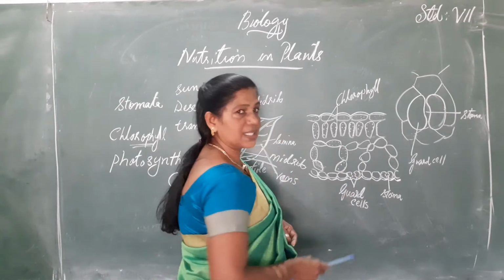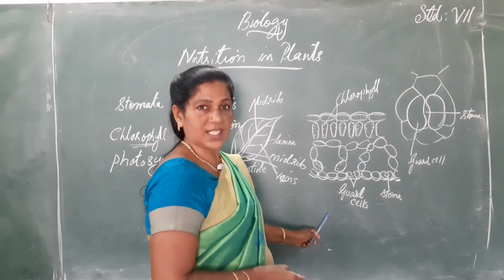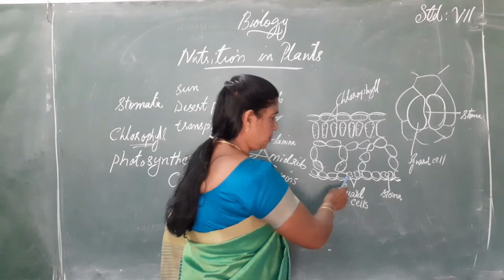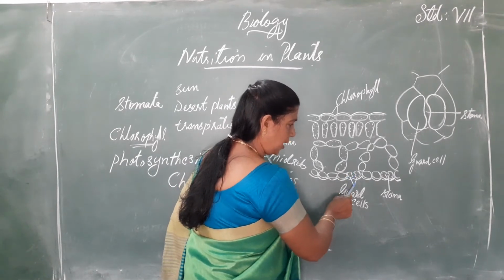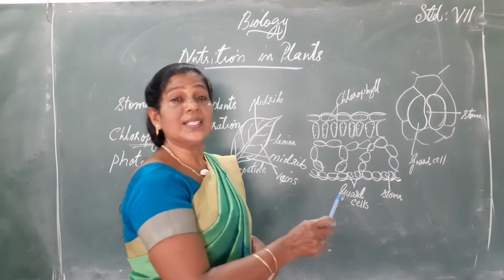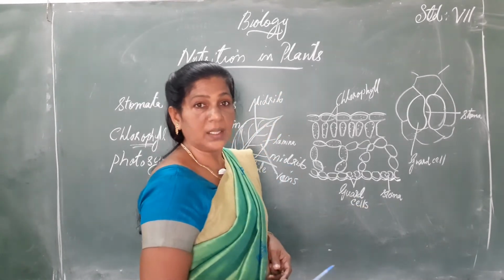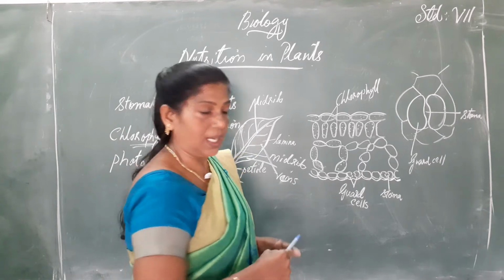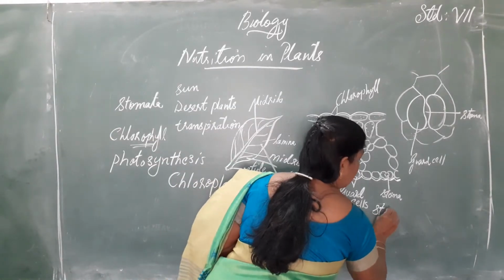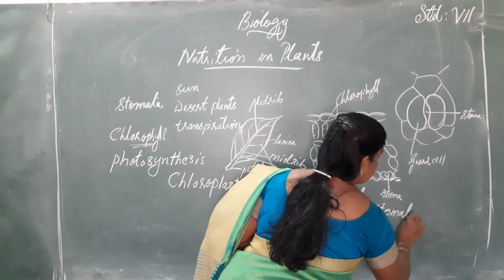These bean-shaped cells are known as guard cells, and they form a small tiny opening known as a stoma. The plural of stoma is stomata. You might have learned about stomata earlier.